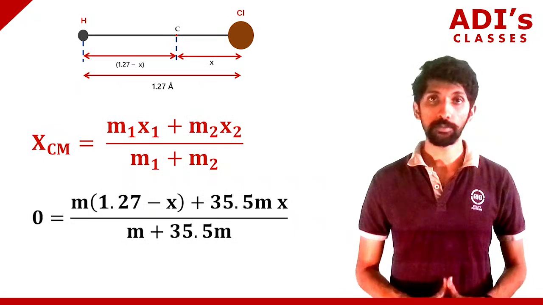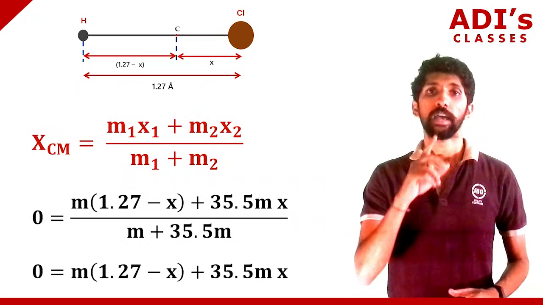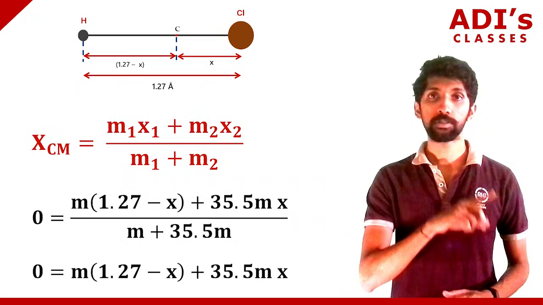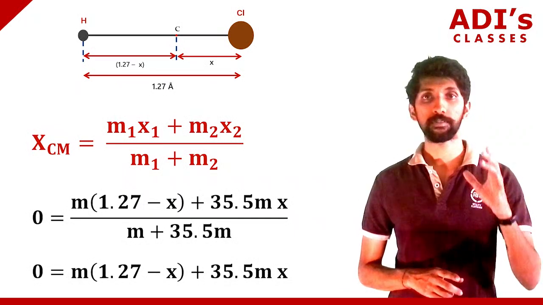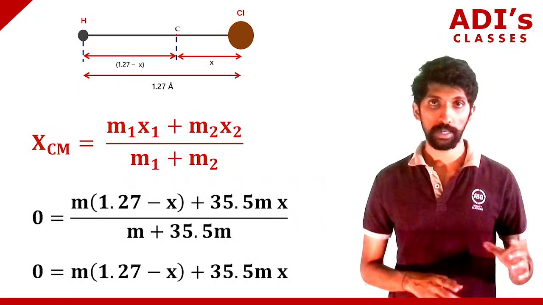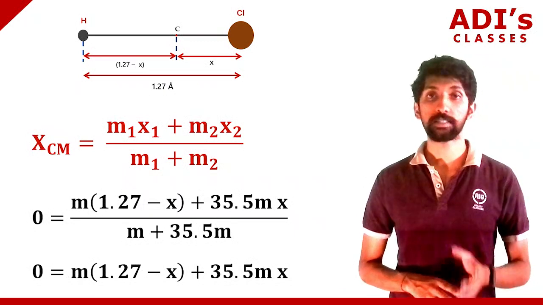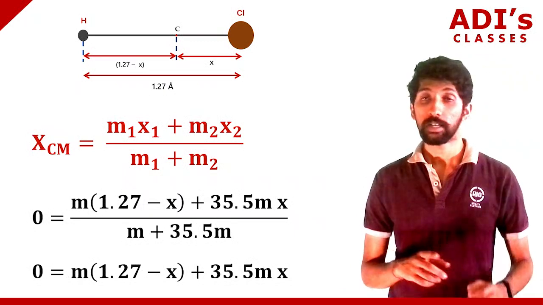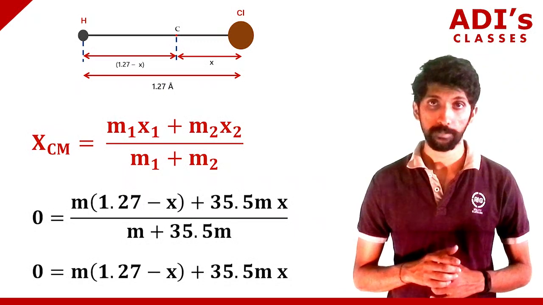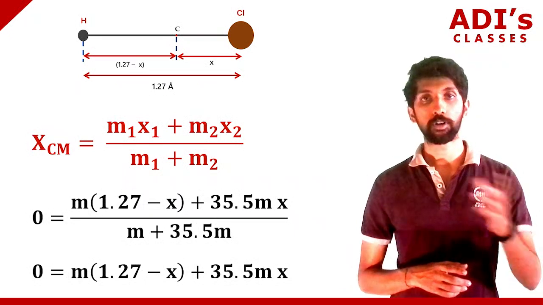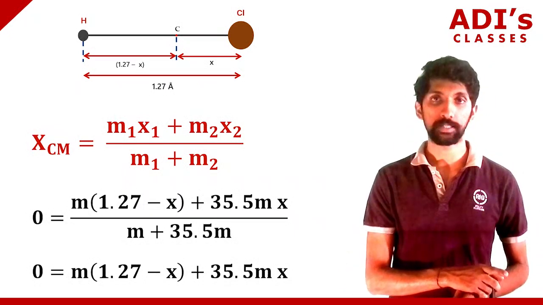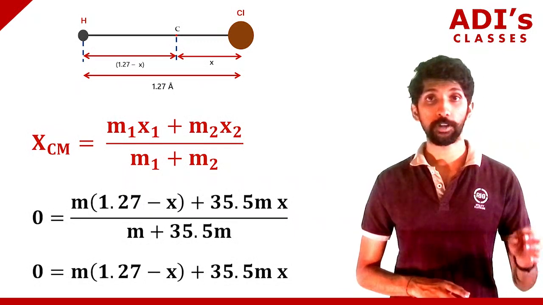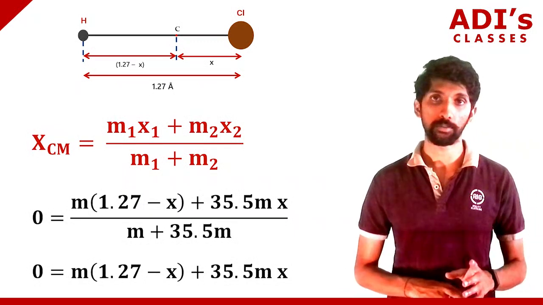If you substitute, we have (m times (1.27 minus x) plus 35.5 times m times x) divided by (m plus 35.5 m) is equal to 0. If you cross multiply, we get m times (1.27 minus x) plus 35.5 m x is equal to 0.